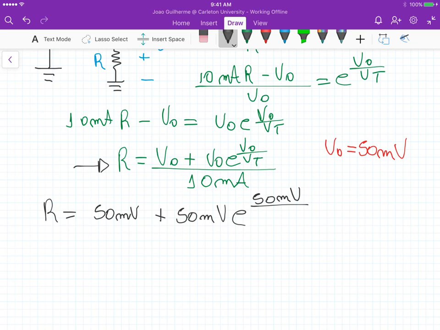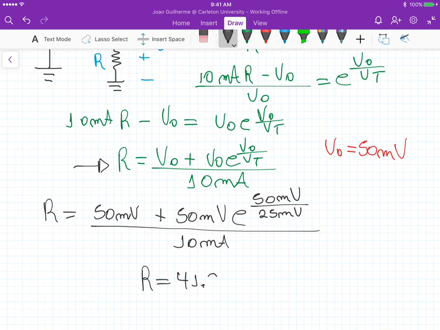Because the problem doesn't say anything about the thermal voltage, we always consider it as 25 millivolts. So we divide by 25 millivolts and everything is divided by 10 milliamps. This gives us a resistance of 41.94 ohms, which is approximately 42 ohms. And that's the answer.